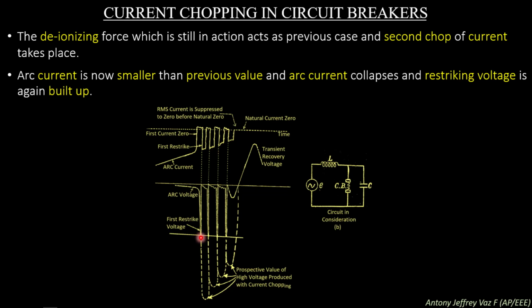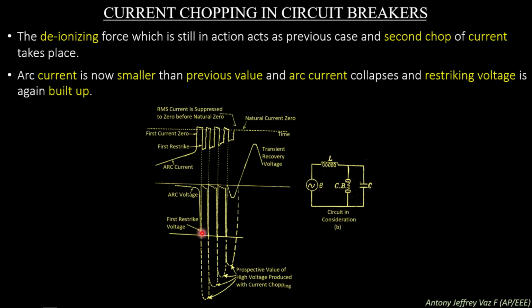After this point, the total voltage across the capacitor will be applied across the circuit breaker contacts because the circuit breaker and the capacitor are in parallel. This parallel combination makes the arc restrike in the circuit breaker contacts.